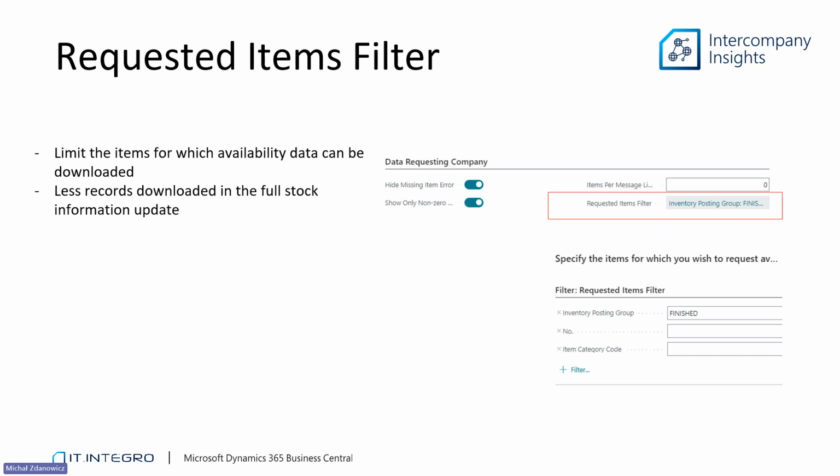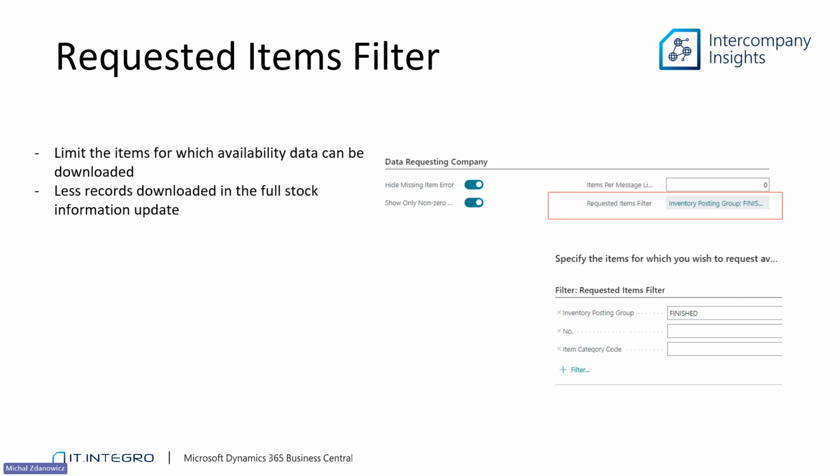So you can put some filters, for instance, for inventory posting groups, item number or item category code. Then these filters will be included in the API call, and you'll get fewer records downloaded to your company.